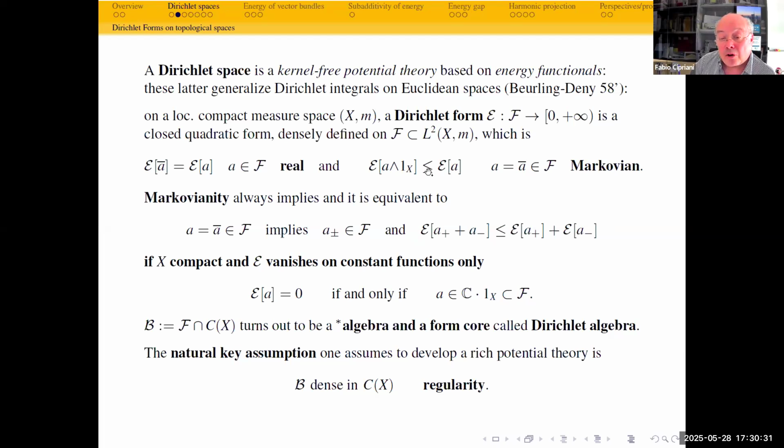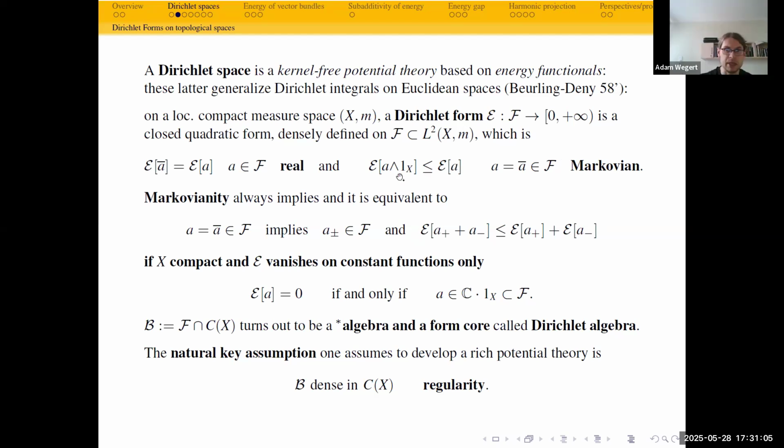This property, called Markovianity, is equivalent to the fact that the generator associated to the Dirichlet form, so the self-adjoint operator associated to the closed quadratic form, generates a semigroup on L2, which is positivity preserving and contractive on all LP spaces from P equal 1 to P equal infinity.